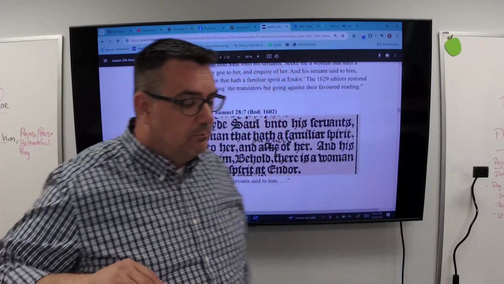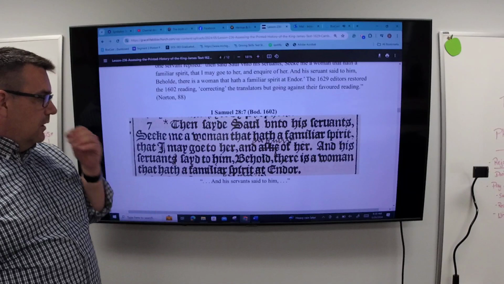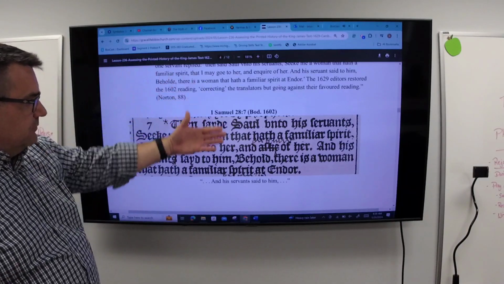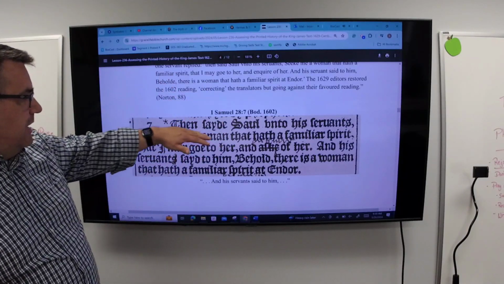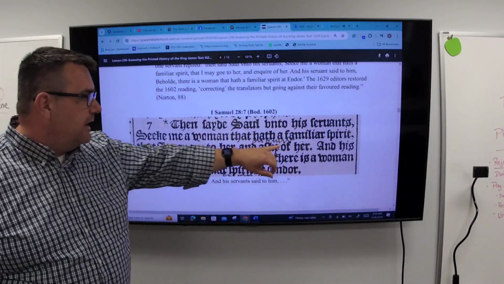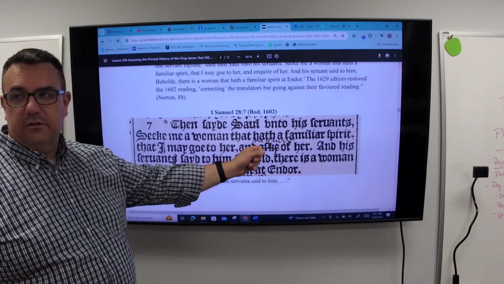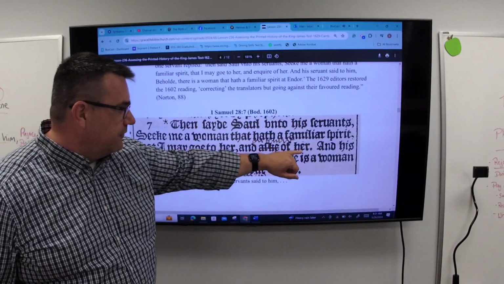So here's Bod 1602. Notice there are some changes here. "Then Saul said unto his servants, Seek me a woman that hath the familiar spirit, that I may go to her," and here's what the 1602 originally had, "and ask of her."